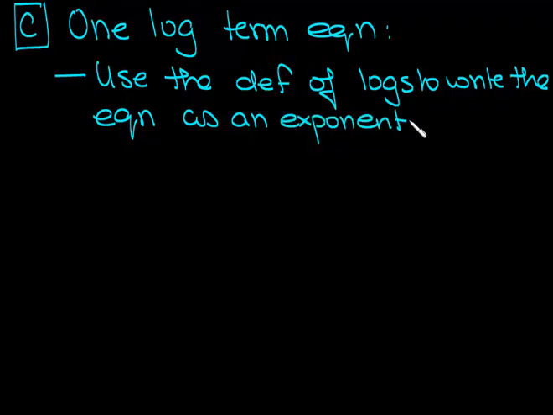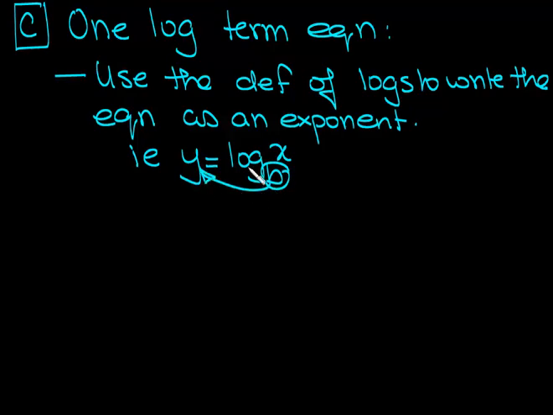That is, if you're given y is equal to log of x base b, I can take this b and make it the base on this side, so I can write it this way: b to the y is equal to x.